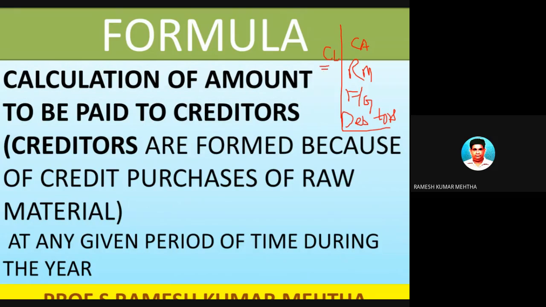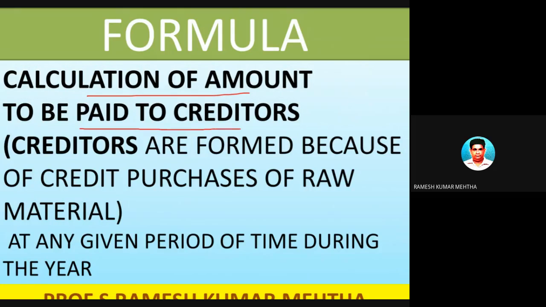One of the first current liabilities is creditors, and we'll find out the way to derive the formula for the amount of money which we have to pay at any given period of time to the creditors. So here is the calculation of the amount to be paid to creditors at any given period of time. We have to pay as a manufacturing unit.